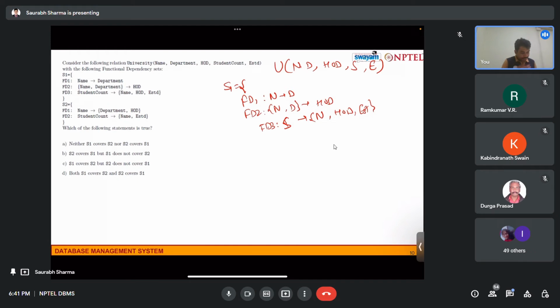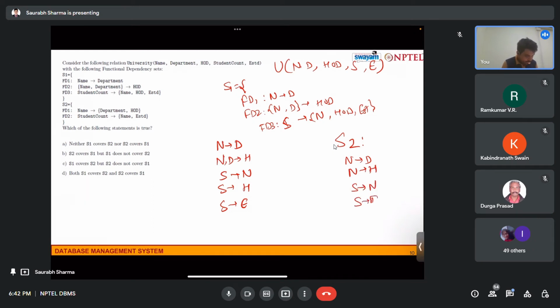If we decompose it, with just a single attribute on the right side, we get N provides D, D provides HOD, then S provides N, S provides H, S provides E. From the second set S2, we get name provides department, name provides HOD, student provides name, and student provides ESTD.